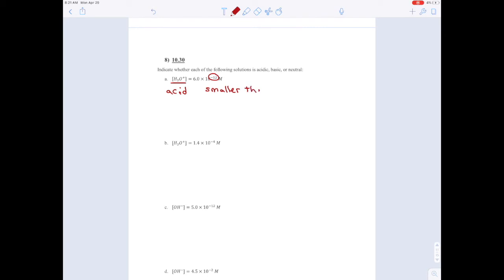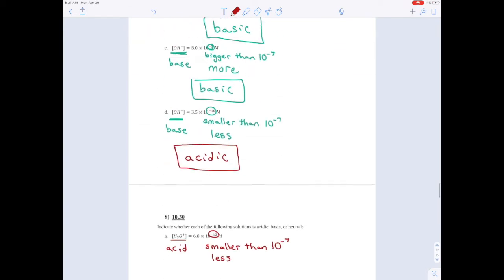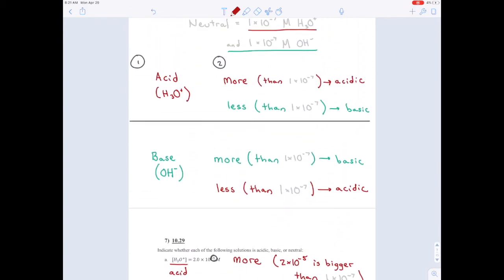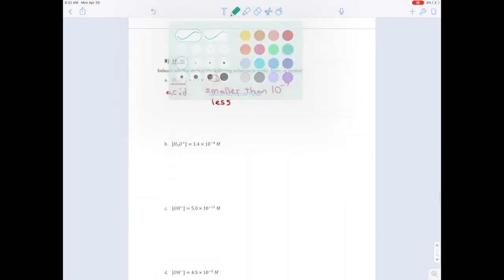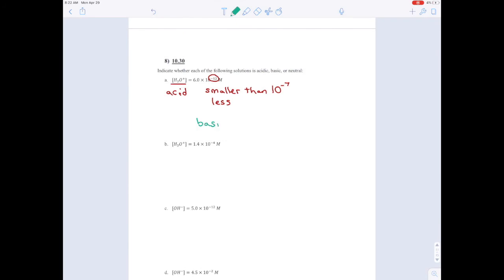So it's smaller than 10 to the negative 7, which means we have less of it. So we have less acid than neutral, and that means the solution is going to be the opposite of acidic, basic. So this is basic.